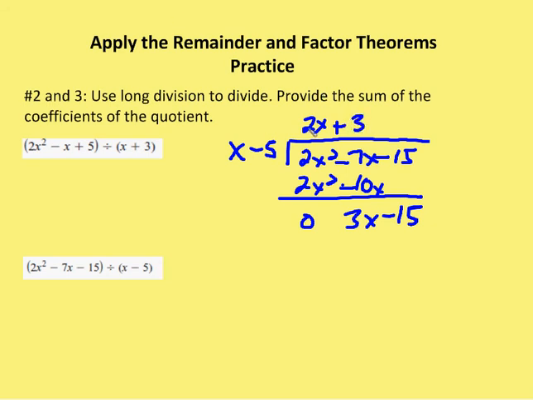So I have 3 times x gives me 3x, and then 3 times -5 gives me -15. So it looks like we're going to work out to have no remainder here. 3x minus 3x is 0. Minus 15 minus -15 gives me 0 as well. So my quotient is 2x plus 3. My remainder is going to be 0.